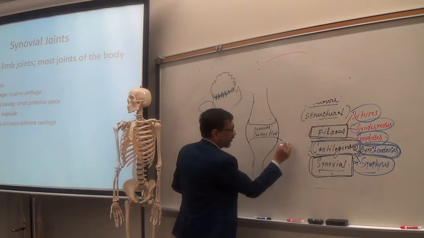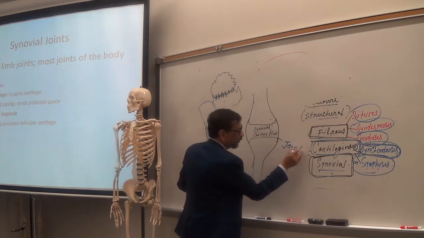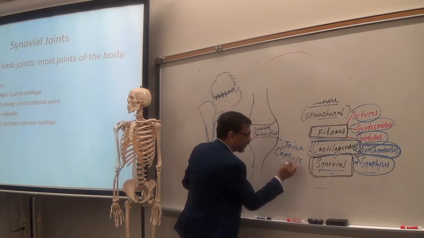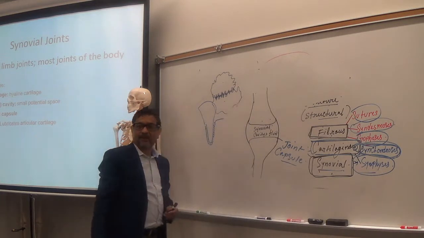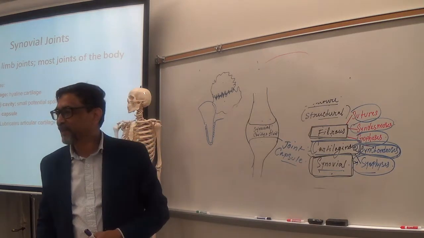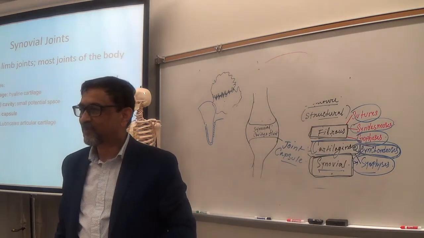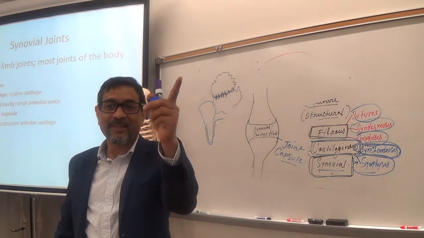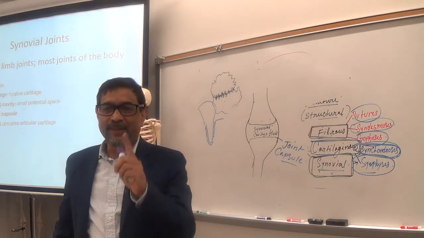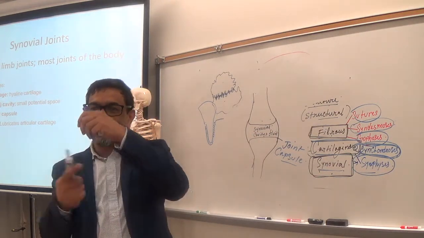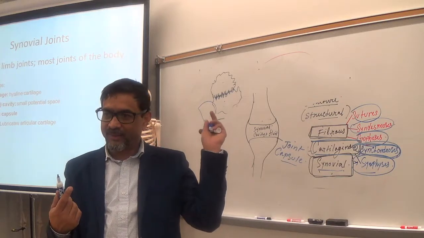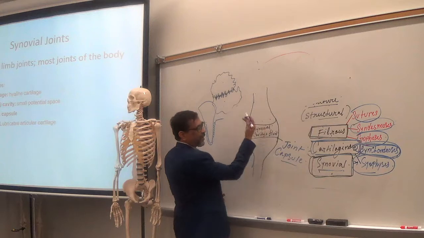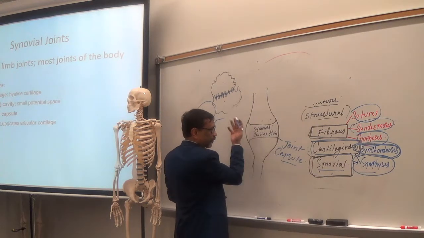So this is the joint capsule. Anybody remember what kind of connective tissue is that in joint capsule? We talked about that. Dense, irregular. Ligaments, tendons, dense, regular, right? And capsule, dense, irregular. That's the joint capsule. Okay? Anyway, so joint capsule covers the joint.